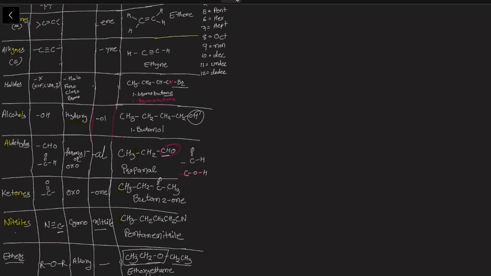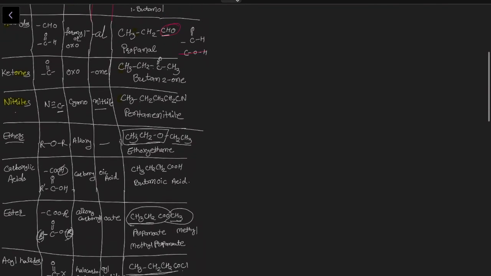Aldehyde has al as the IUPAC suffix, and sometimes there is more than one group, so we need to use a prefix, and they have formyl or oxo considered as a prefix. We'll learn later how to use the prefix in more detail, but this is for the sake of knowing. Just remember that formyl and oxo are prefixes and al is a suffix, and the example is the propanal I gave you.